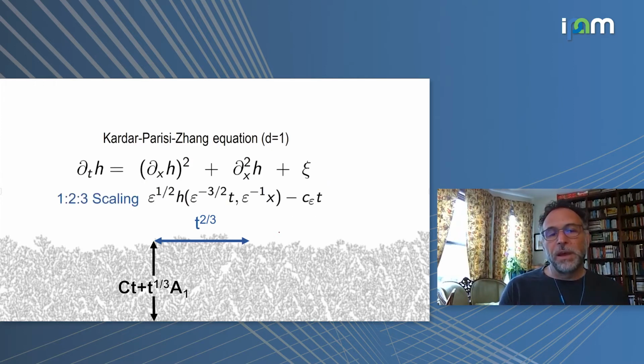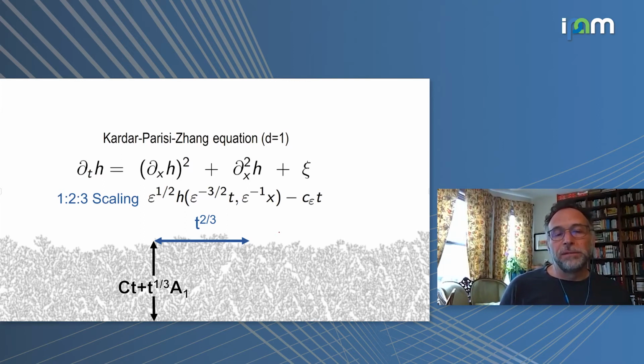Now, another way to say exactly the same thing is that I should put in this small parameter epsilon, and I want to rescale space, time, and the height with this 1, 2, 3 scaling.